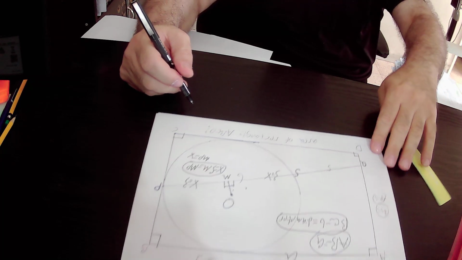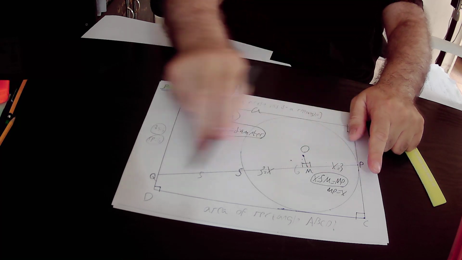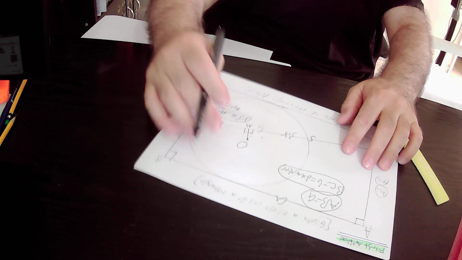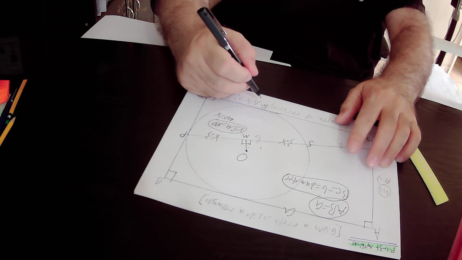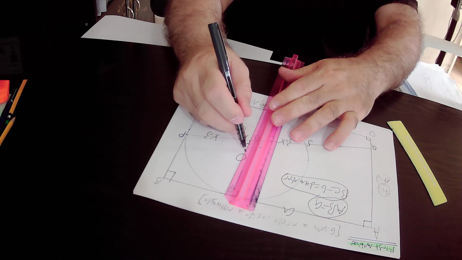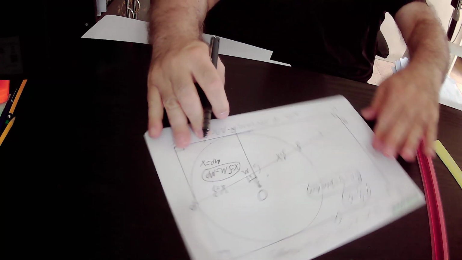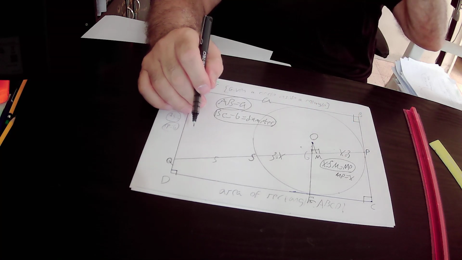We define the point of tangency of tangent CD with this circle as point F. We join points O and F together by a straight line. Point O is the center of the circle. Point F is the point on the circle itself.